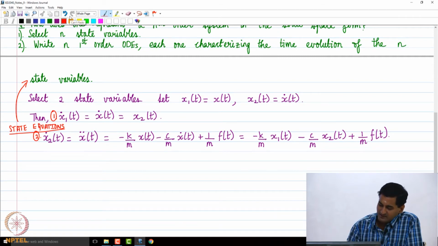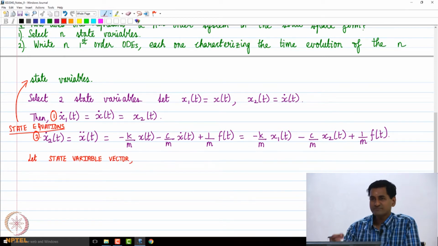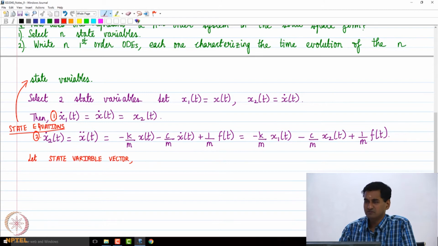Now, what we do is that we define the state vector. Some people call it the state variables vector, or the state vector, or the vector of state variables, depending on which reference you use, but essentially we have a state vector x of t.